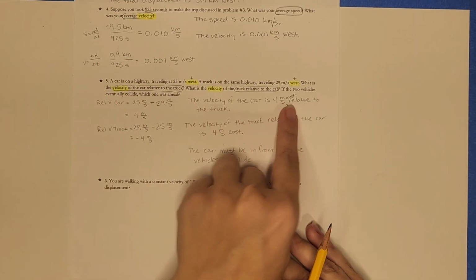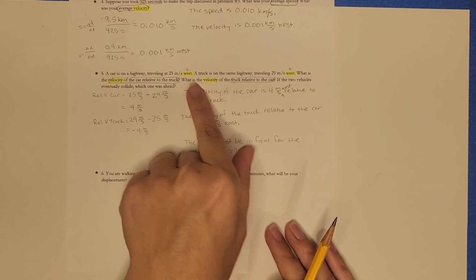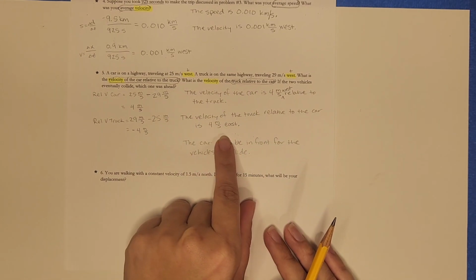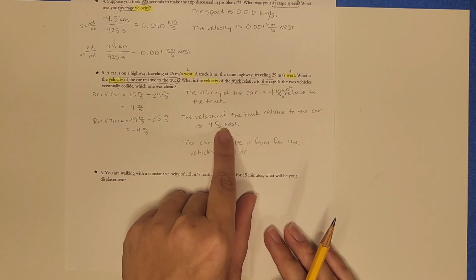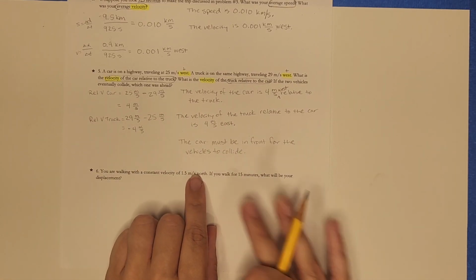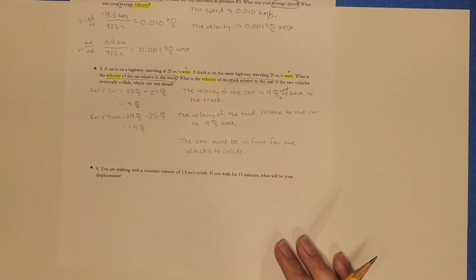So the velocity, and I see that I have west there, so I'm good. All right, the velocity of the truck relative to the car. I have velocity of truck relative to the car, and I have 4 meters per second east, which is units of velocity. And then I'm answering the final question. If the two vehicles eventually collide, which one was ahead?